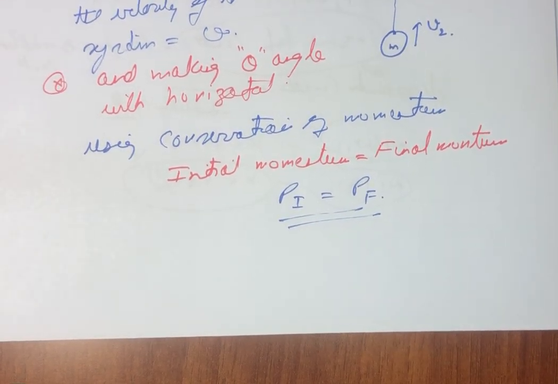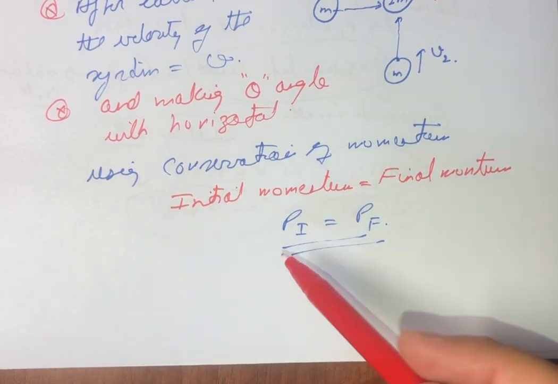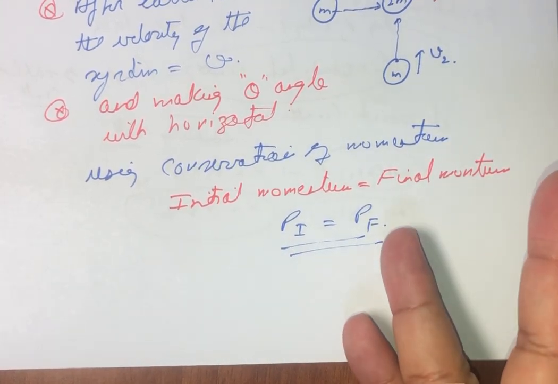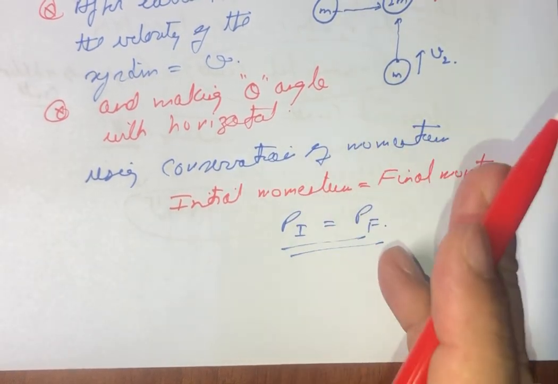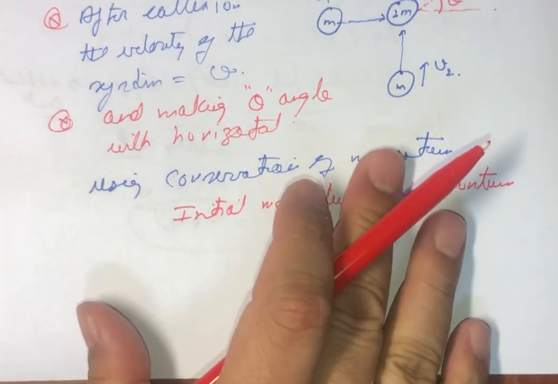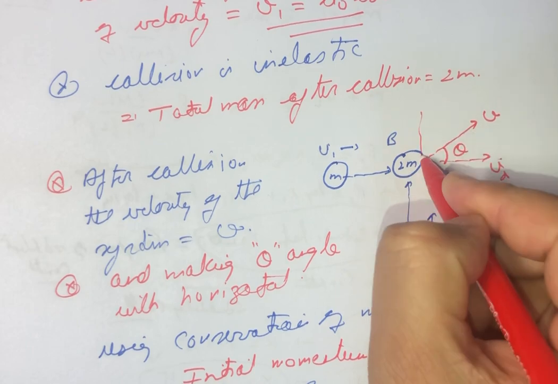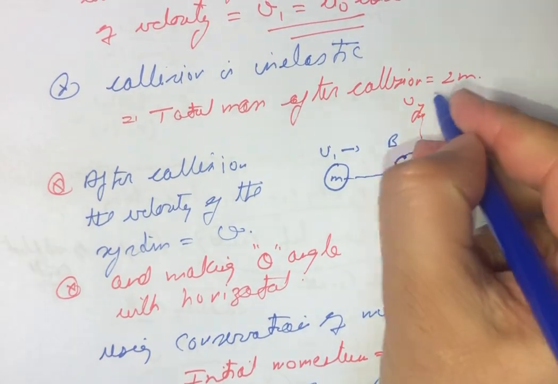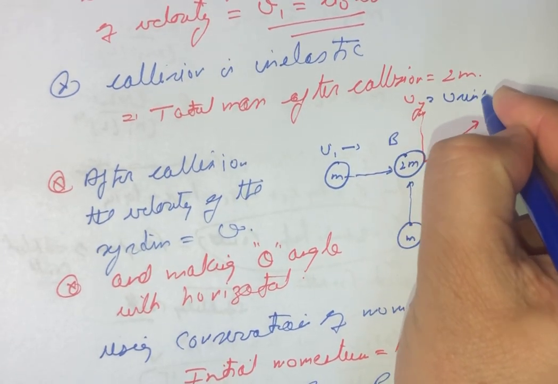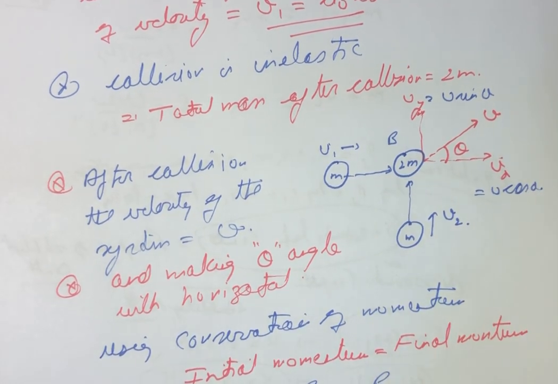Now let us consider that the initial momentum in x direction will be equal to final momentum in x direction, and initial momentum in y direction will be equal to final momentum in y direction. So this will be our Vx, and this will be our Vy, and Vy will be equal to V sine of theta, and Vx will be equal to V cos of theta.